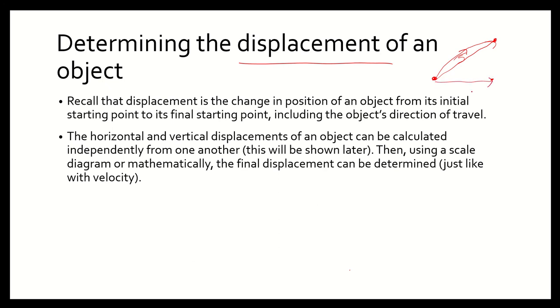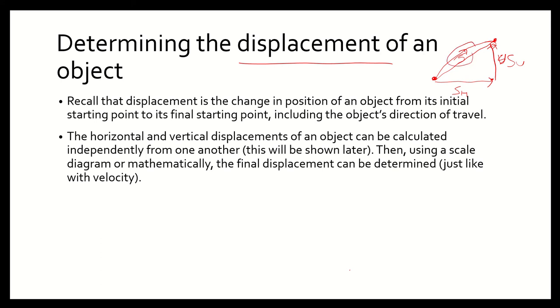And so you're going to have a horizontal component of the displacement and a vertical component of the displacement, and then you can add them tip to tail. So later on we'll be able to work out how far something's traveled and how high something's traveled.